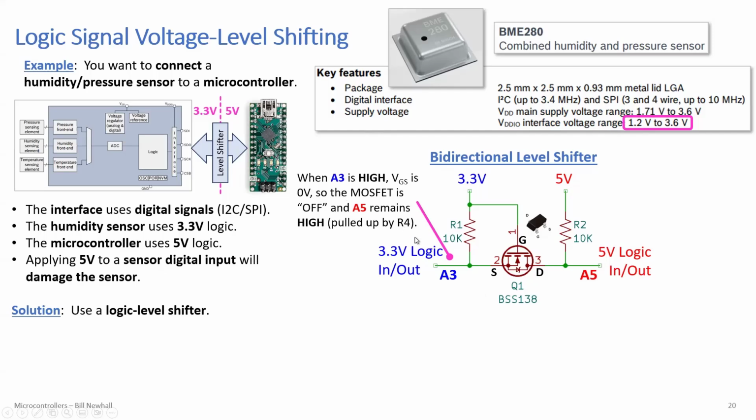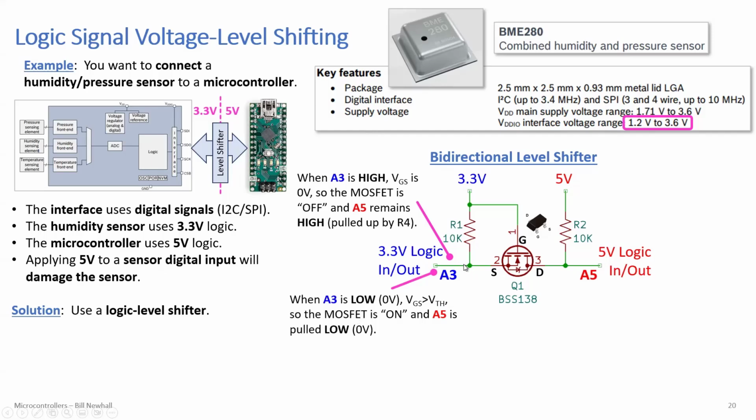So what that means is A5 remains pulled high. It's pulled high through that 10K ohm pull-up resistor because there's nothing effectively connected to the drain with that MOSFET in the open state. But when you pull A3 low, then VGS is greater than the threshold voltage of the MOSFET.